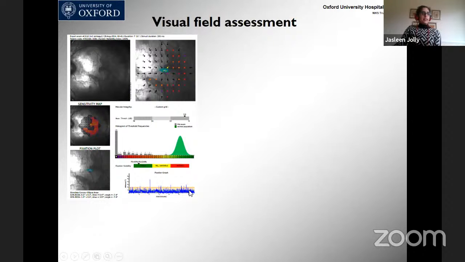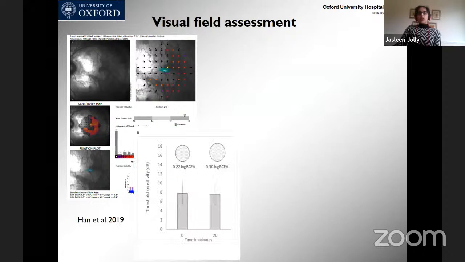We also monitor fixation down here, and you can see that this patient had excellent fixation. So that result is reliable to use. So what we realized, though, is different centers were doing the microperimetry test in different ways.